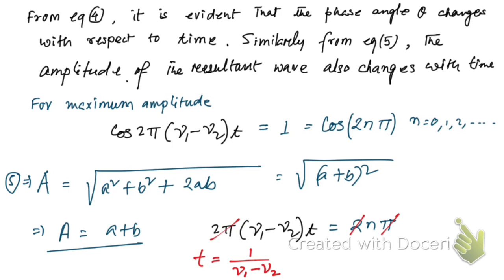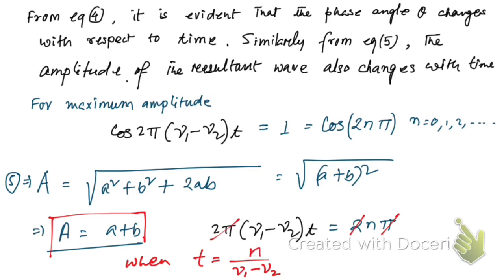Okay, so this is the time and this is the maximum amplitude, when t is equal to this. Oh, sorry, I forgot to write the n. That's supposed to be n here.